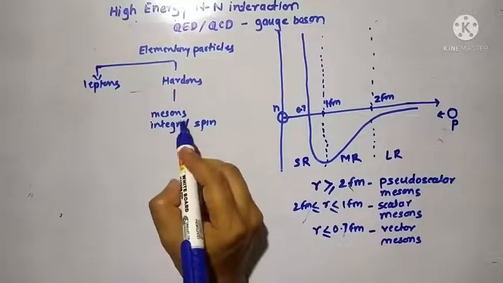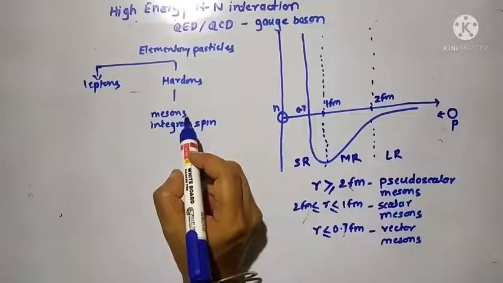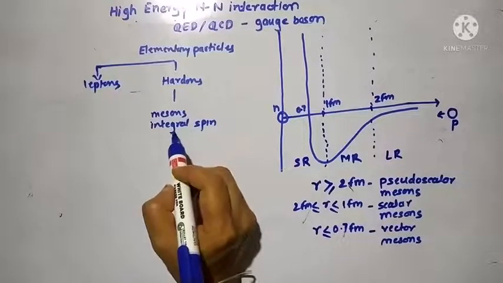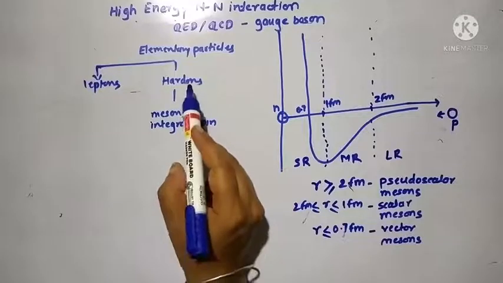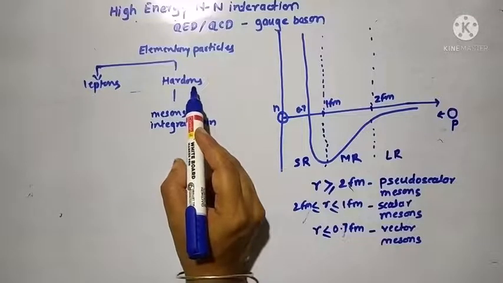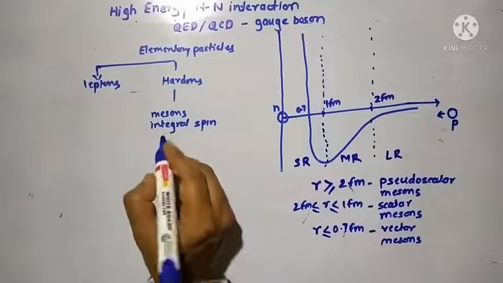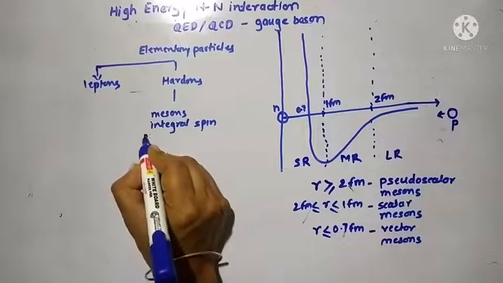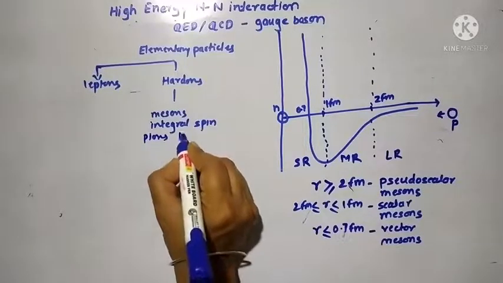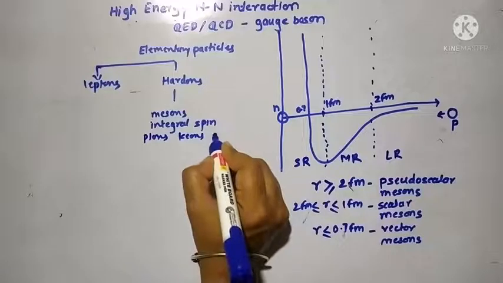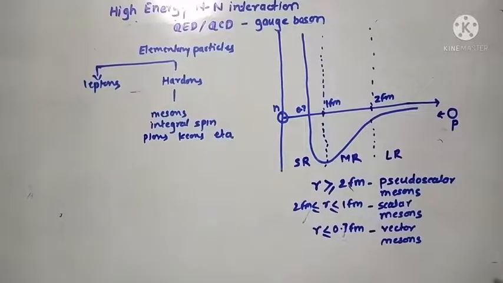So we have already seen that mesons are particles with integral spin which take part in strong interactions. Mesons are of three types: the pions, kaons and eta. Now what is a pseudoscalar meson?